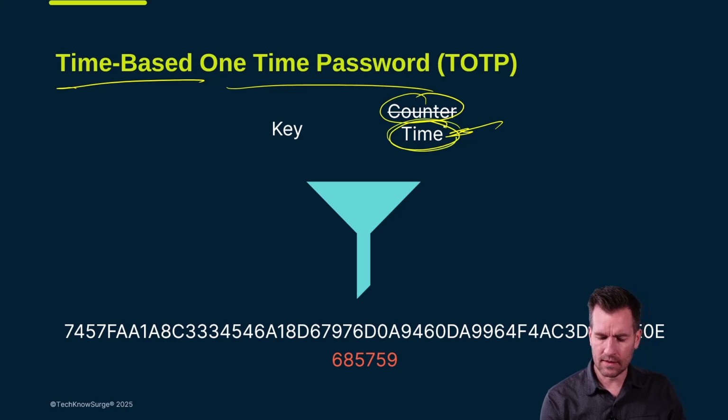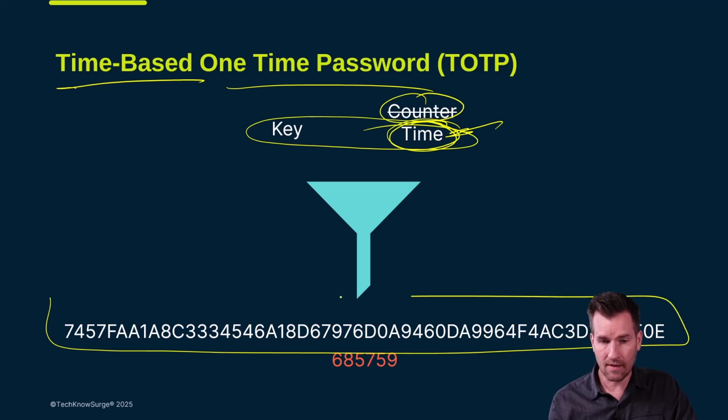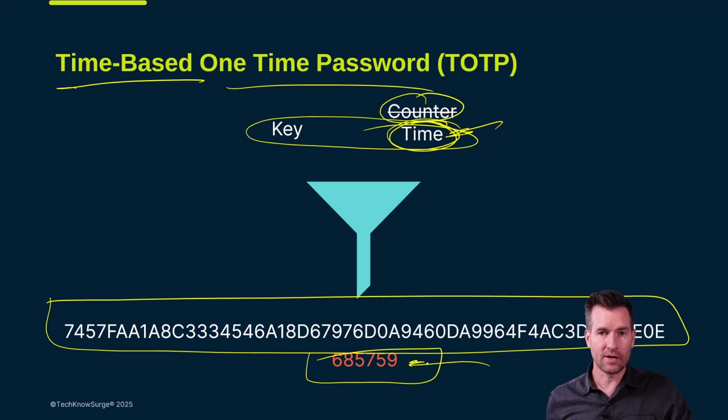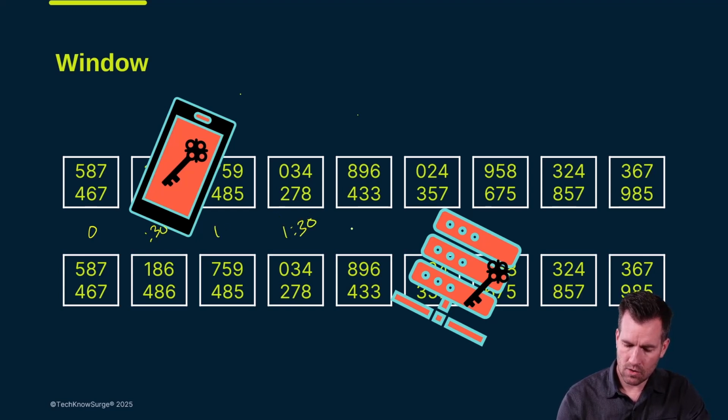We're not as concerned with whatever algorithm goes into creating that, but just realize that what's happening here is the key is combined with time to create that unique fingerprint, that hash, and then gets truncated down into a smaller number, whatever number that we're looking for. So now we're using time rather than a counter. So rather than counting up 0, 1, 2, 3, it's going to be based off of time. So we've got 0, 30 seconds, 1 minute, 1 minute 30 seconds, 2 minutes, and so on and so forth.